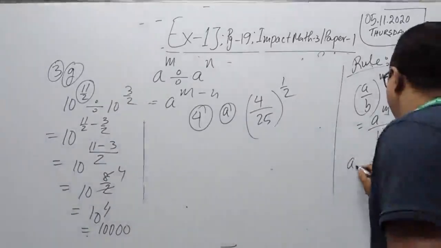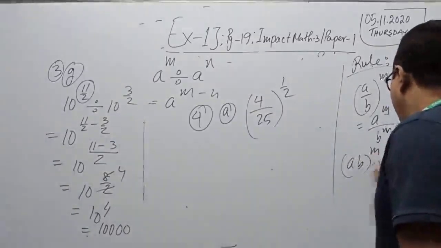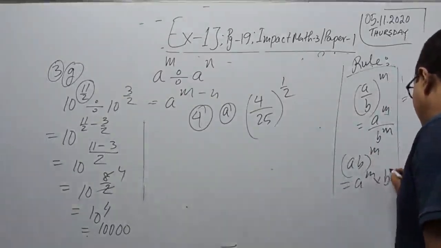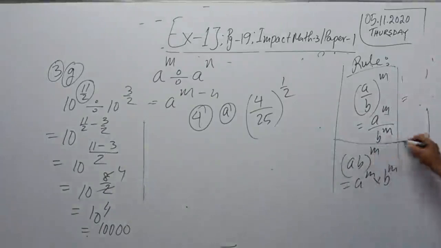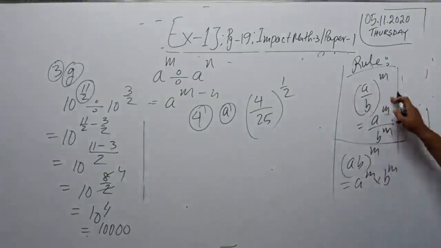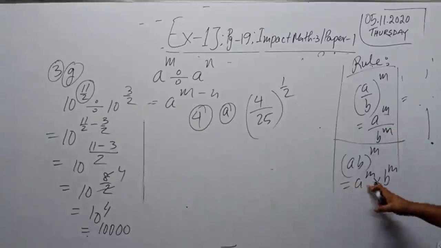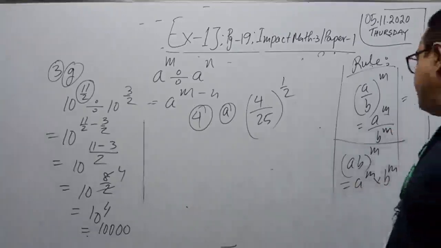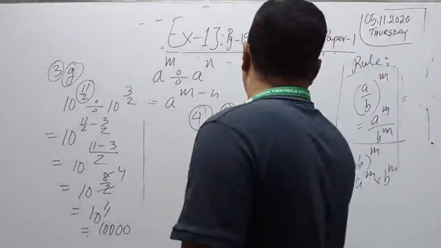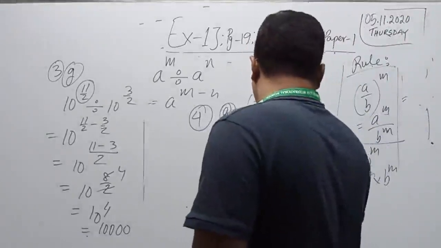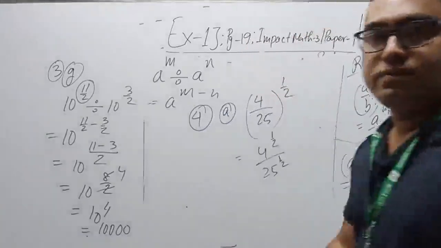I am writing here ab to the power m, a to the power m multiplied by b to the power m. Here for division the formula is a to the power m by b to the power m. For multiplication, a to the power m multiplied by b to the power m. So 4 to the power of half divided by 25 to the power of half.